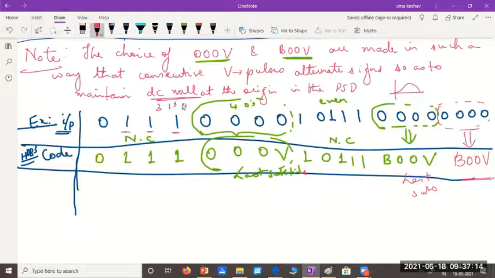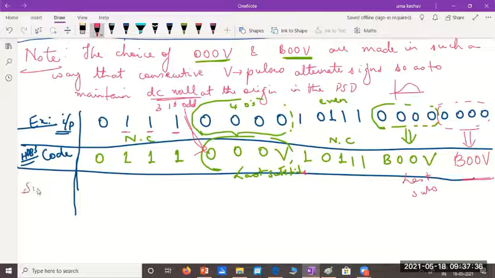So when I had an odd number of ones, the substitution would be 000V. Is that clear? So when you should use 000V and B00V, please take care of this odd and even. Now let me show you how the signaling looks.